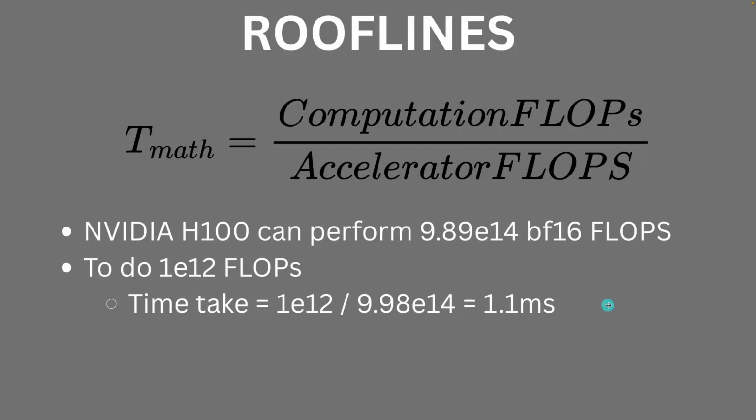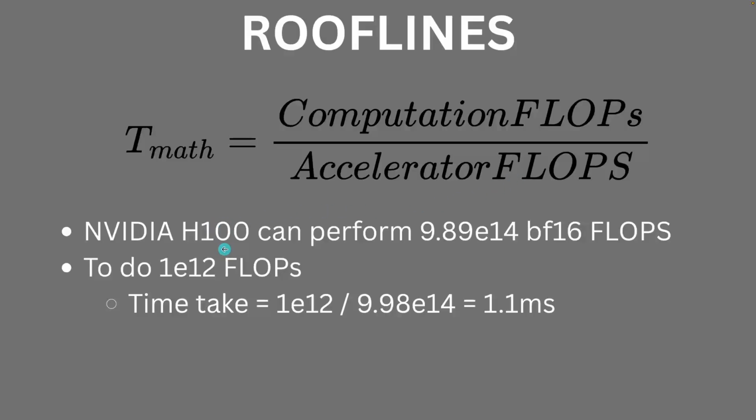Then the next concept is called time taken for compute. It is the number of computations for the algorithm that you're trying to implement, divided by the accelerator's floating point operations per second.